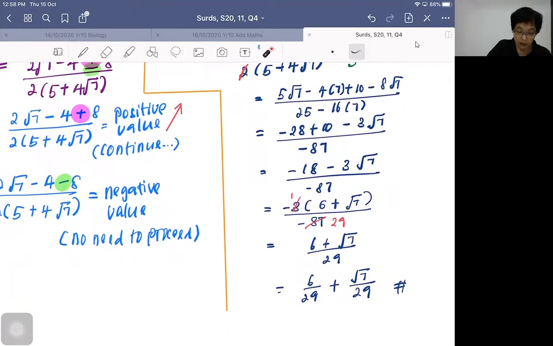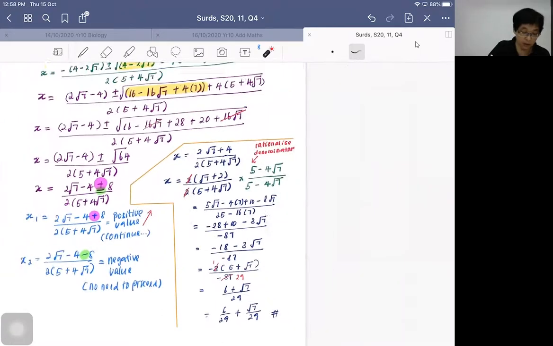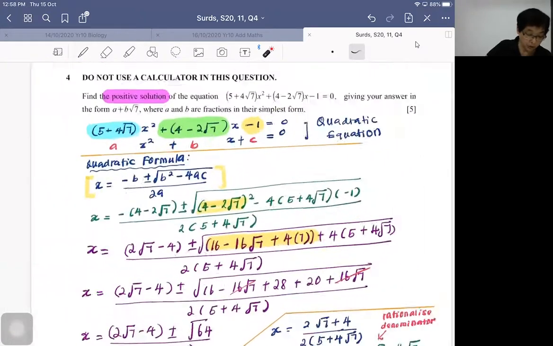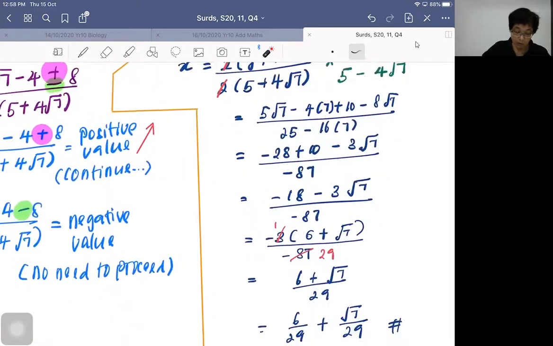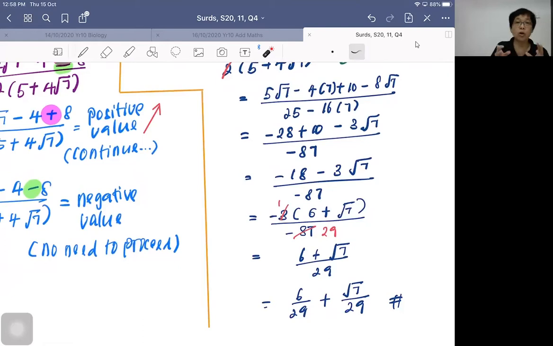You notice that at this stage you are almost there. The only thing is to pay attention to the format the question asks for to finalize your answer: a constant plus b, a constant, times root 7. Try to arrange your answer in that format accordingly, as the question asks.